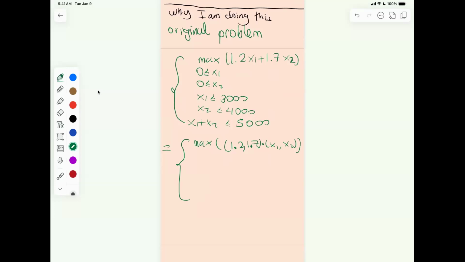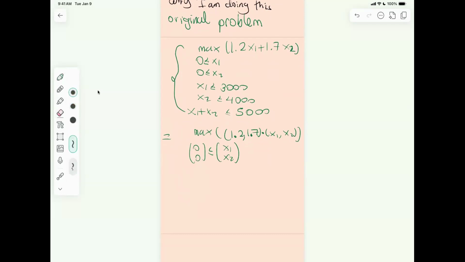And then, I can write the first two inequalities, which I didn't do last time, but it's nice to do. Again, the first two are not that interesting because they're baked into every single problem.